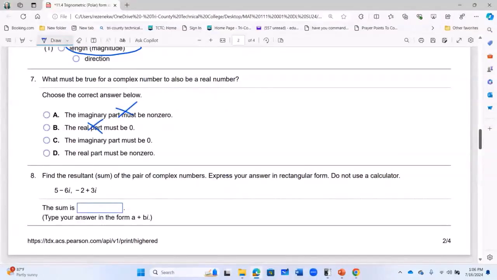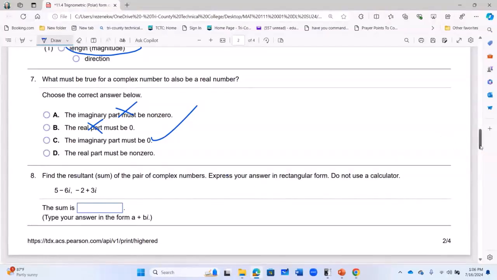No. The imaginary part must be 0. Yes. Because if a complex number is also a real number, then the imaginary part must be 0. Okay, that we answered that question.